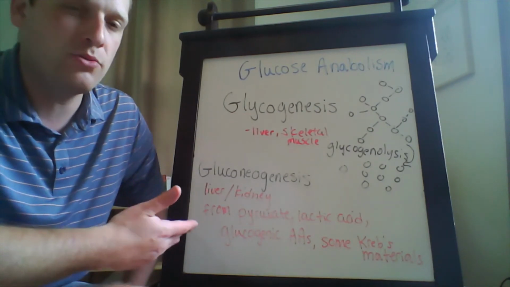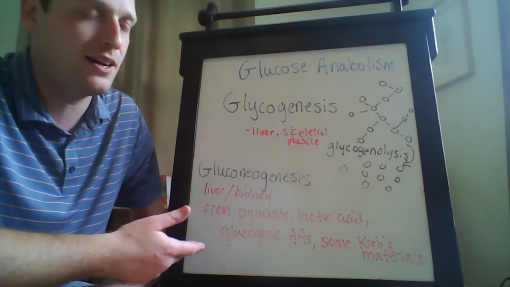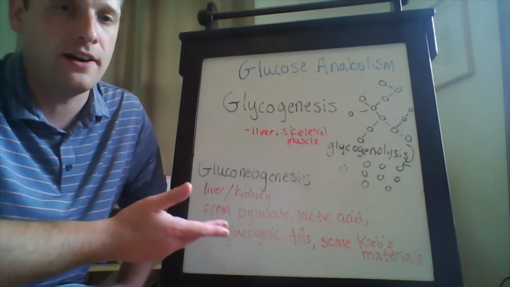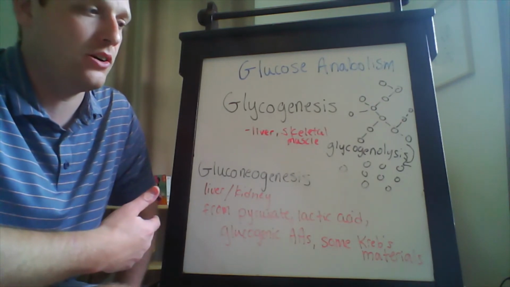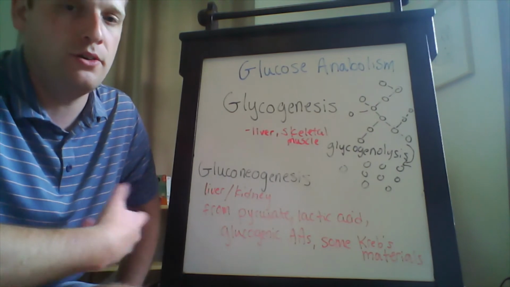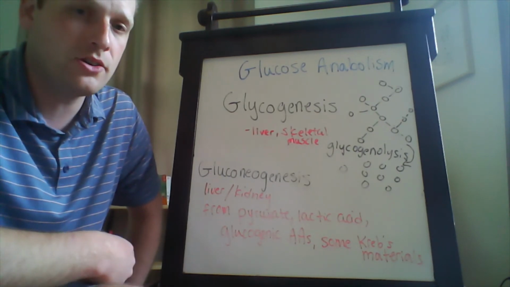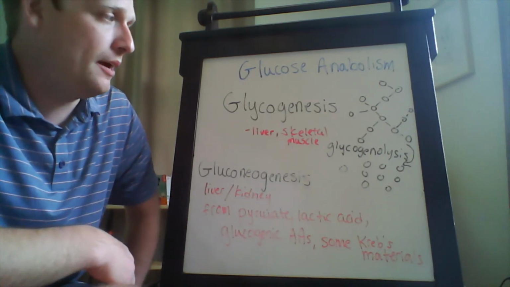And glycogen is a really short-term energy storage molecule. It's not going to last very long if there's a high energy demand. So let's say you're really vigorously exercising and you've got no food in your stomach. Your muscles are going to use up your glycogen stores pretty quickly.